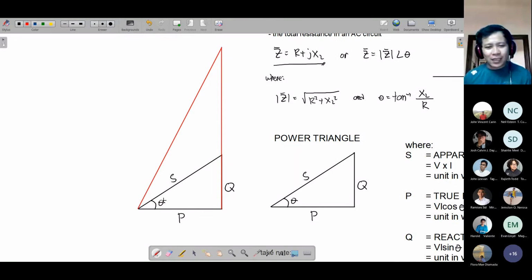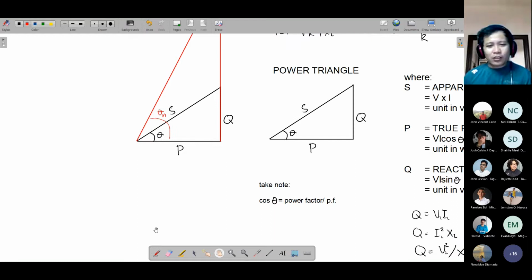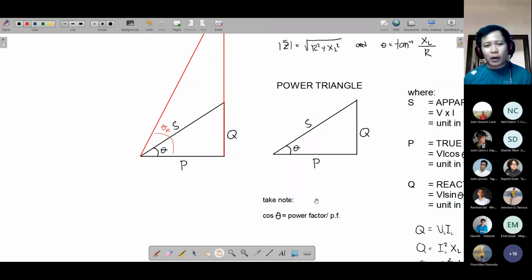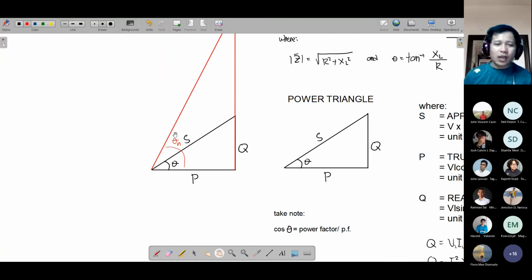Ang key diha is kaning angle. So let's say this will be your new angle, theta new. Okay? Dako kay ang angle. Every time there are changes in the angle, cosine of that angle, naay changes sa imong power factor. So ang power factor closely guarded.